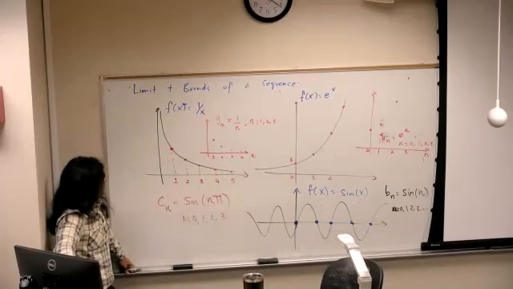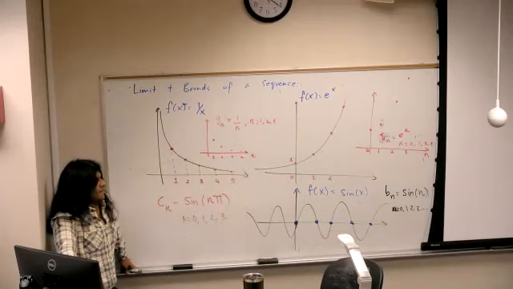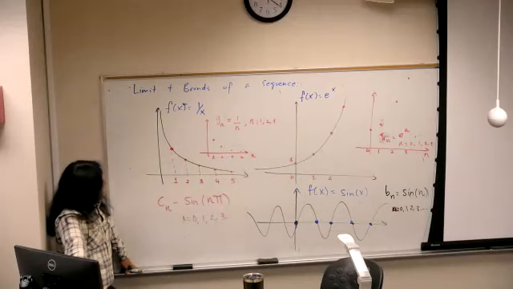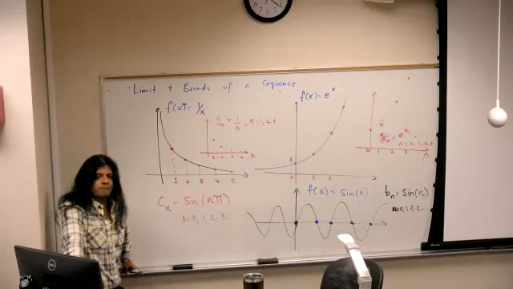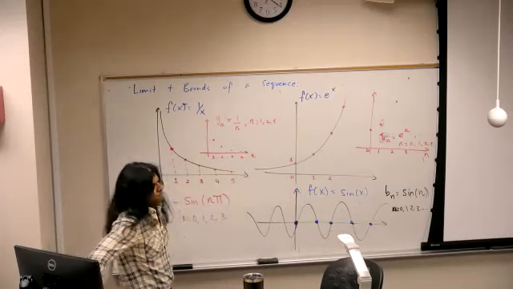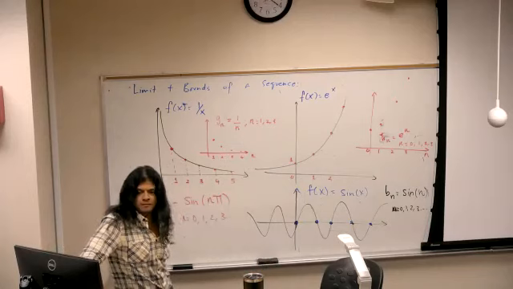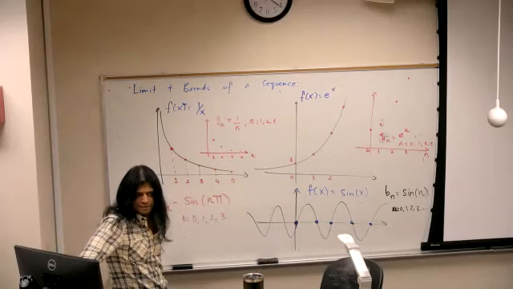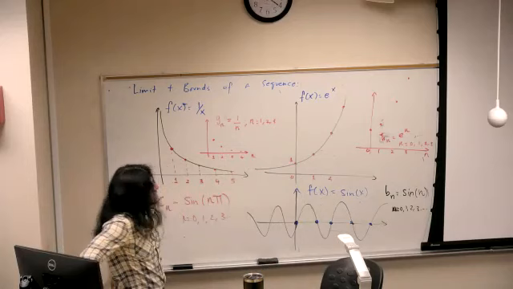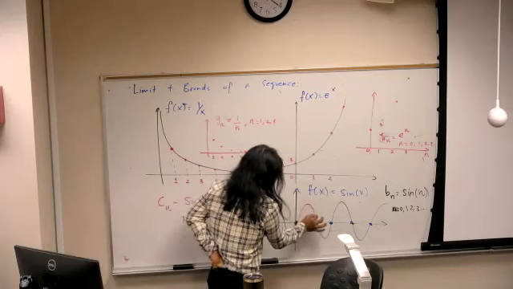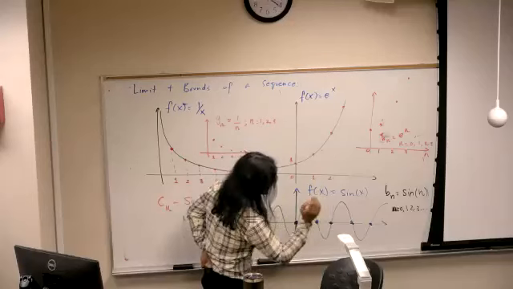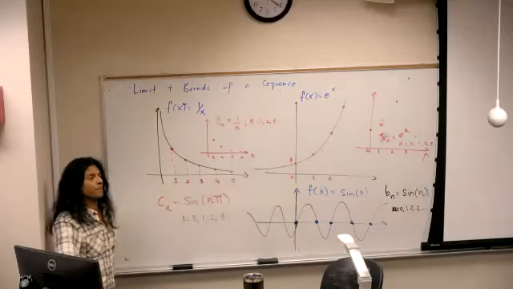If I didn't like that one bit, let's say I want to go in steps of pi over 3. Let's do pi over 6, 30 degrees. Good. How should I change this? In other words, I need to pick values at every 30 degrees.